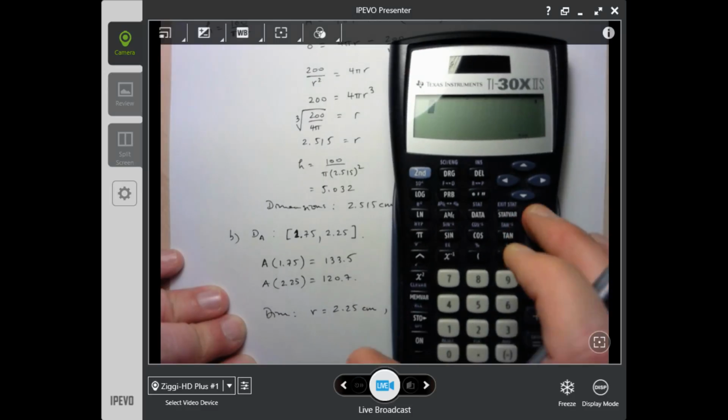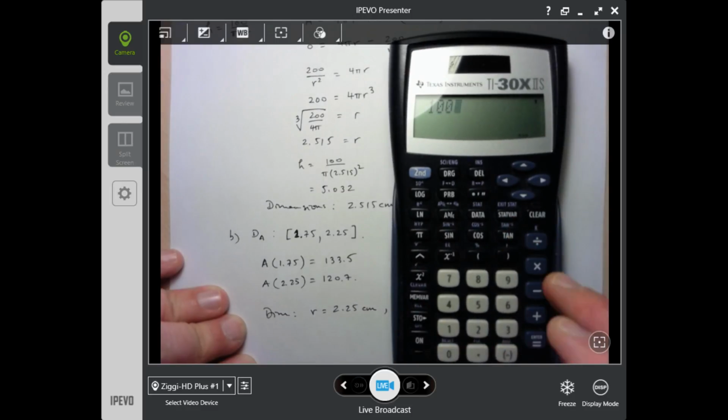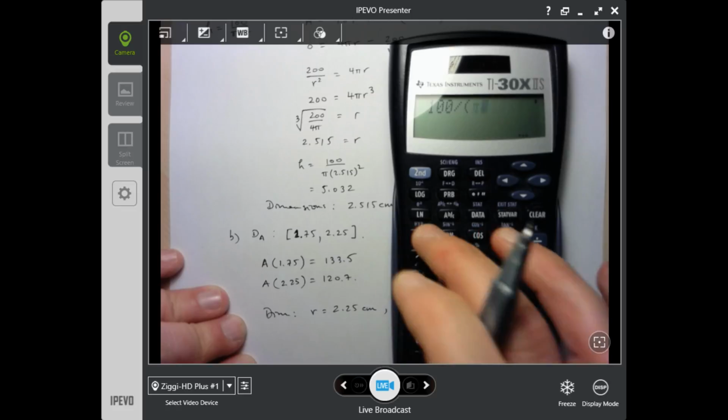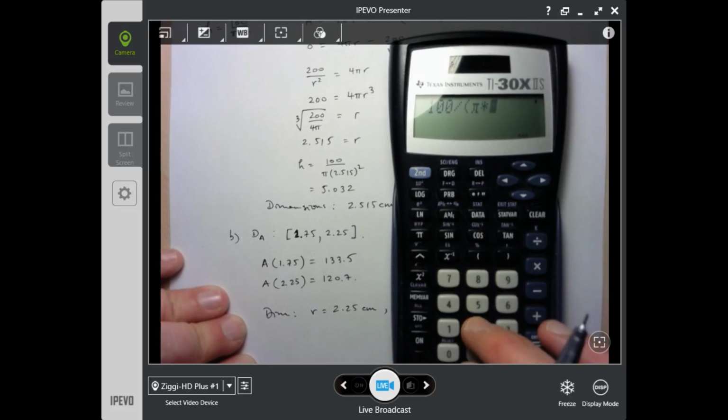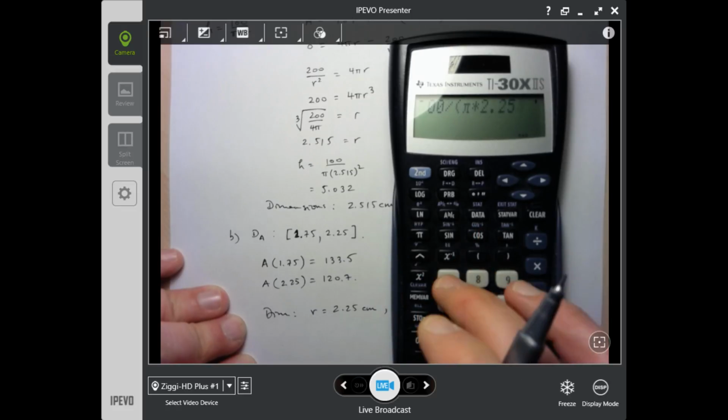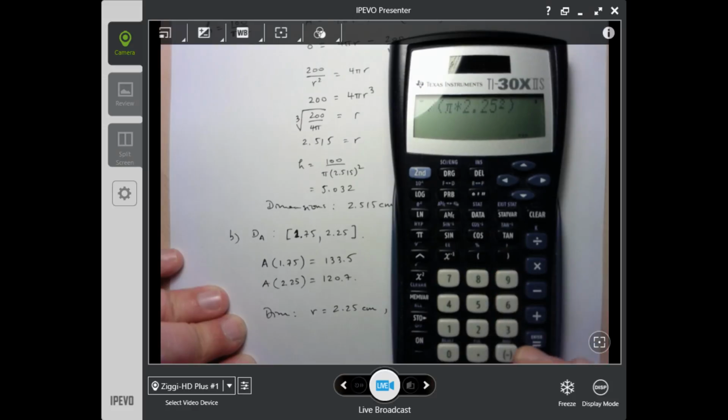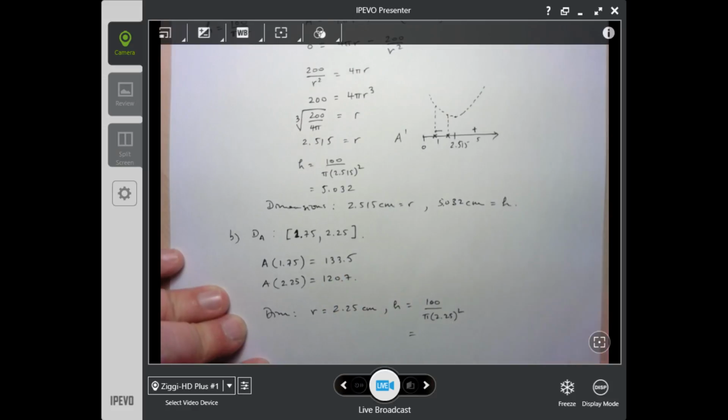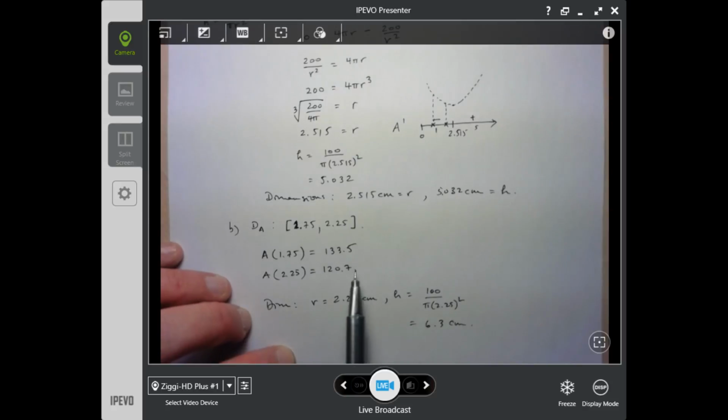That's equal to 6.3, or about 6.3 centimeters. And we see here that this does not have that characteristic that the diameter and the height are going to be the same.